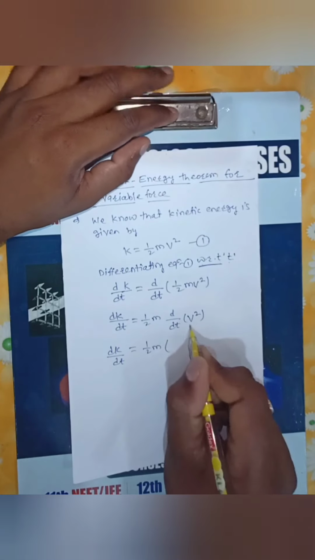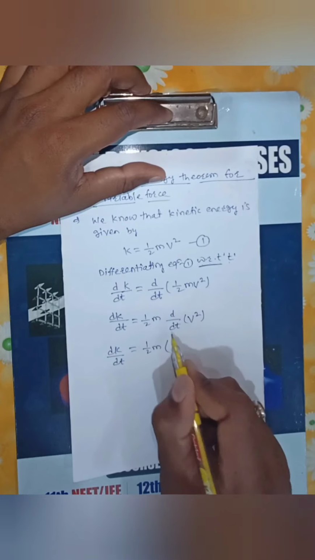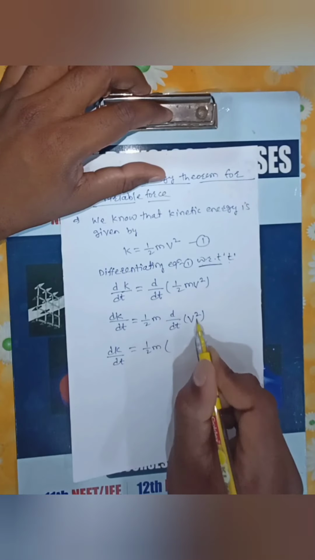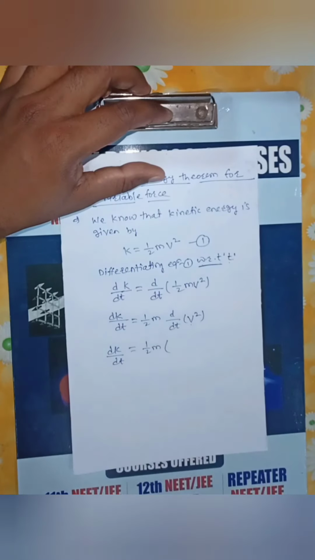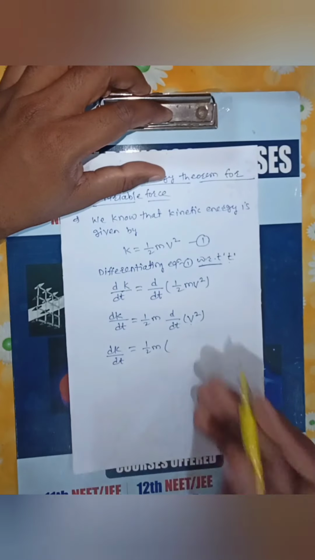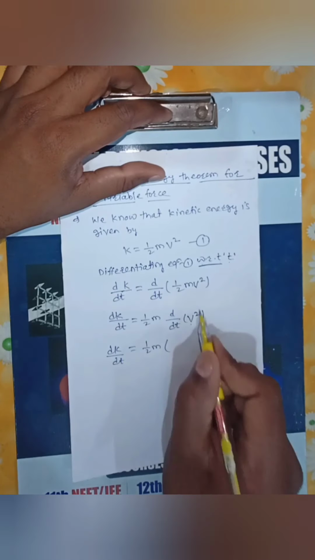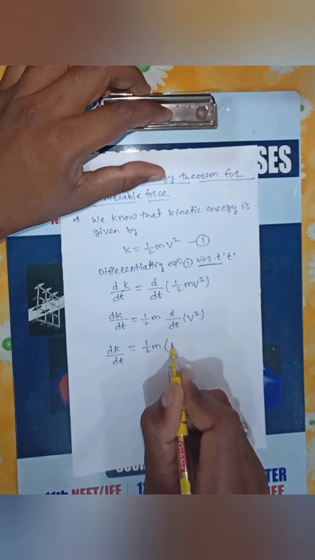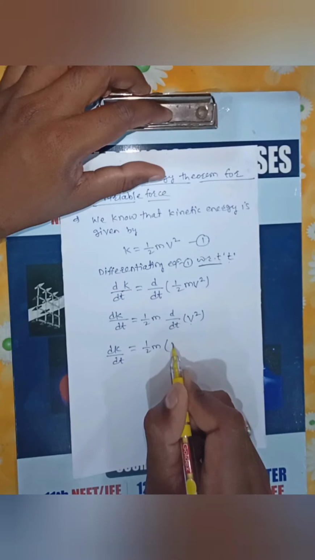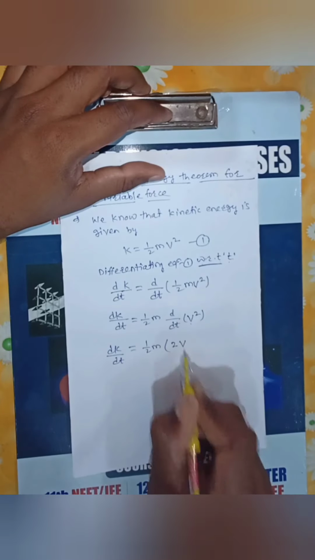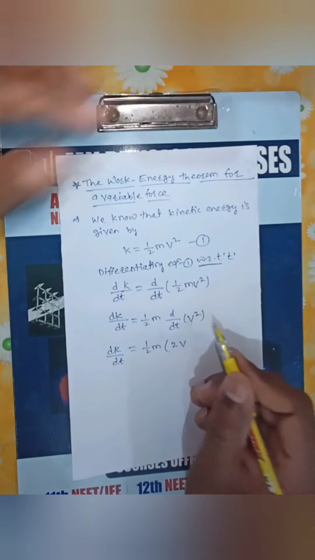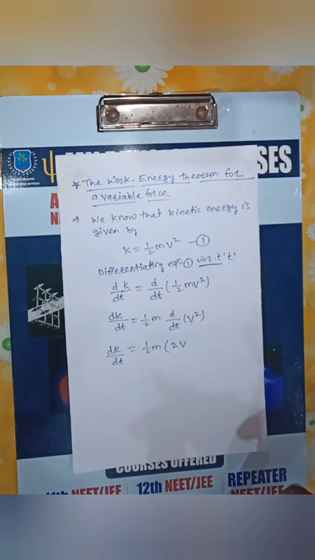What is the differentiation of v square with respect to t? Velocity depends upon time, therefore first we take the differentiation of v square, which is 2v, using the differentiation formula.